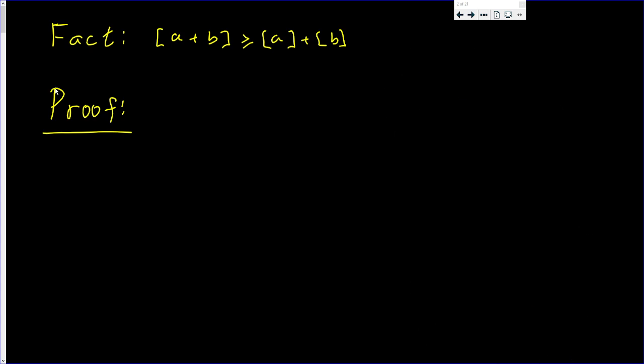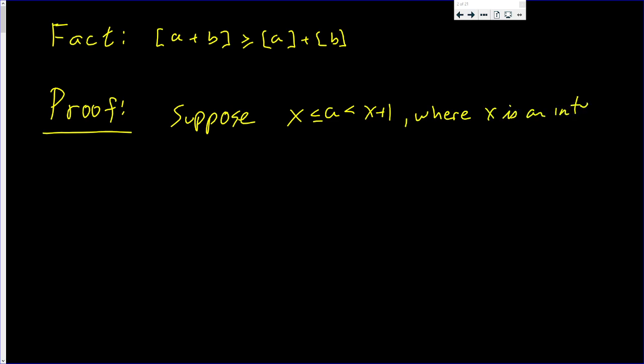Now, suppose that a is in between x and x plus 1, where x is an integer. Then the greatest integer of little a will be x.